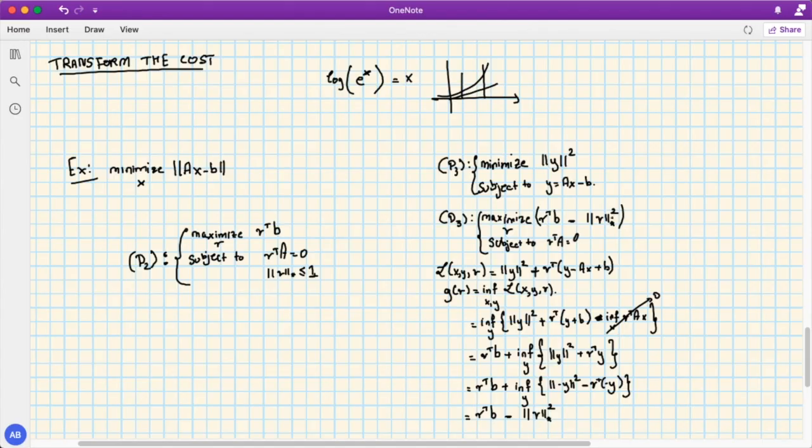And of course, we don't have this unit dual norm constraint. Okay, so we showed an example where transforming the cost could, of course, even though you have an equivalent problem, the duals will look different or will be different.